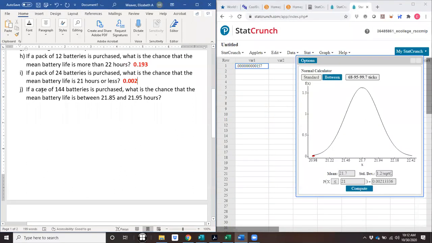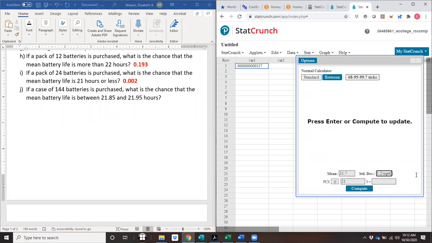All right, and then we have a case of 144 batteries. So 144, that's what we call a gross. It is a dozen, or 12 squared. So when we take the square root, really we could just say divided by 12, but for consistency, I'm just going to leave the square root there and say 144, because it's rare.